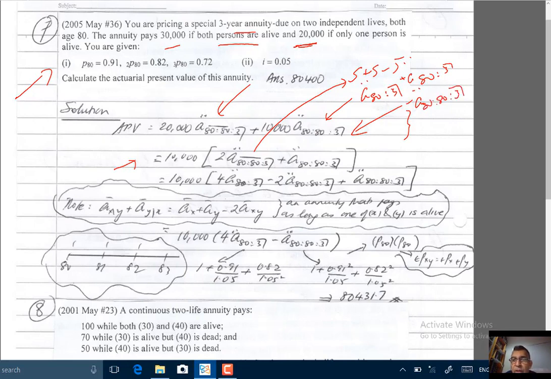Remember, this is appearing in brackets, so there's a 2 here. Just be a bit careful. And when you open that up, do it yourself, you will get 4 times ä_{80, angle 3} minus 2 ä_{80:80, angle 3} plus this term here.